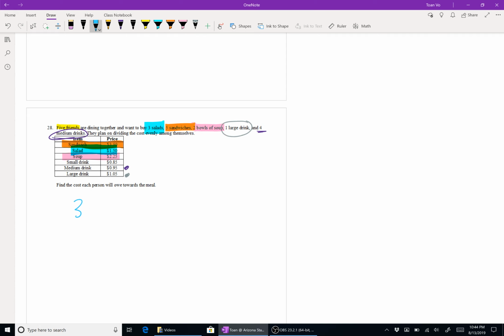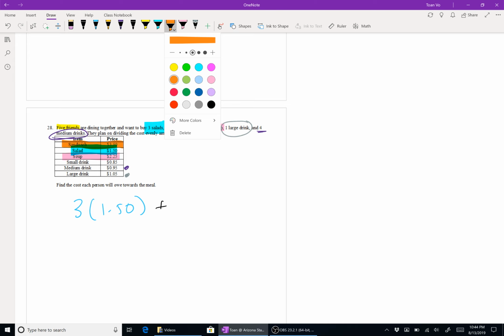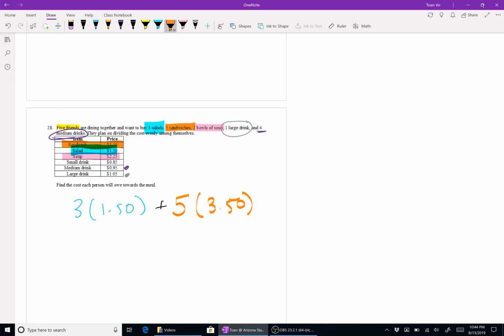So we have 3 salads at $1.50 each, plus 5 sandwiches at $3.50 each, plus 2 bowls of soup at $2.25 each, plus 1 large drink at $1.05, plus, I forgot the color I used, I think it was this color, plus 4 medium drinks.